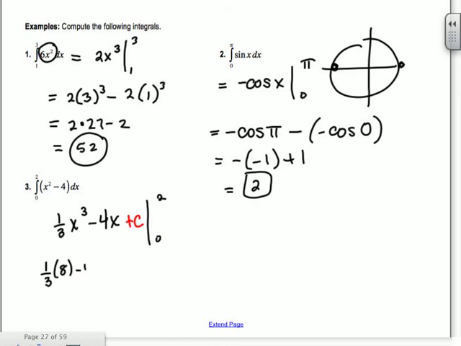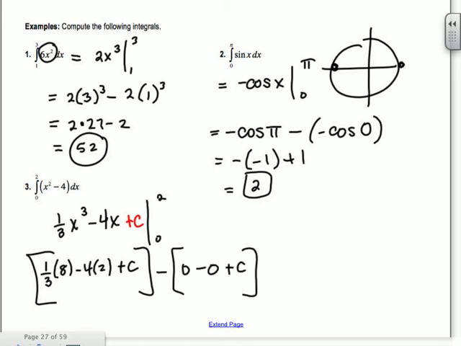I did 1/3 times 2 cubed, so 8, minus 4 times 2, plus c, and then subtracted out what I got when I plugged in 0. You subtract them out anyway. They always cancel. So you can put plus c, but you really don't have to on definite integrals. If you have numbers on your integration sign, you don't have to put plus c. If you don't, it's called an indefinite integral, and you always need the plus c.